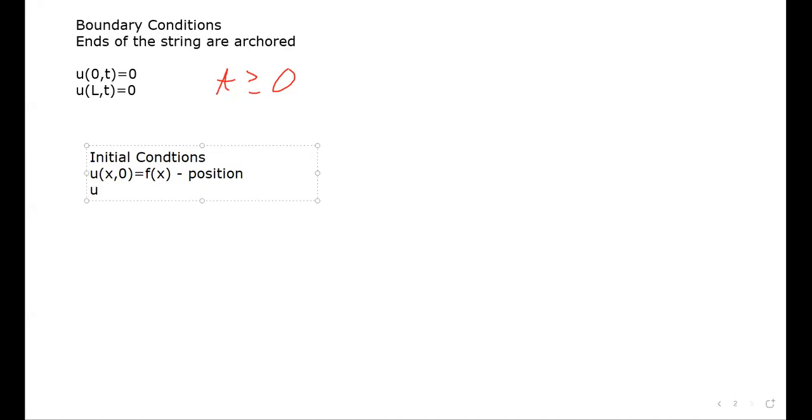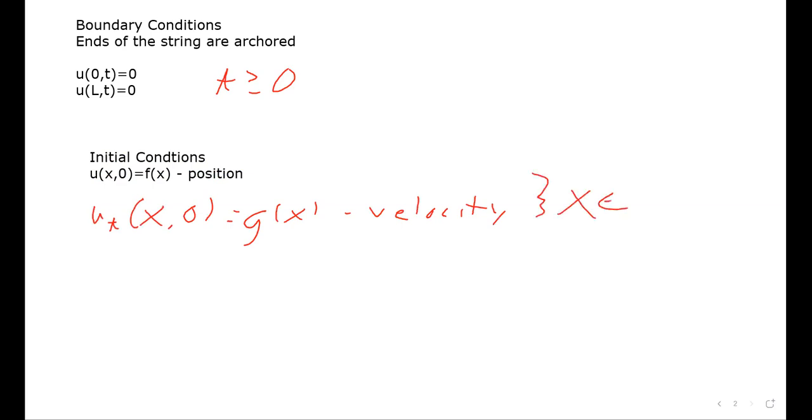And then we'll have our derivative with respect to t of u at x, 0, which we'll call g of x. And that will be velocity. And for both of these, x is between 0 and L. So we've now taken our initial conditions and made them both functions of x because we don't need to worry about the t anymore.